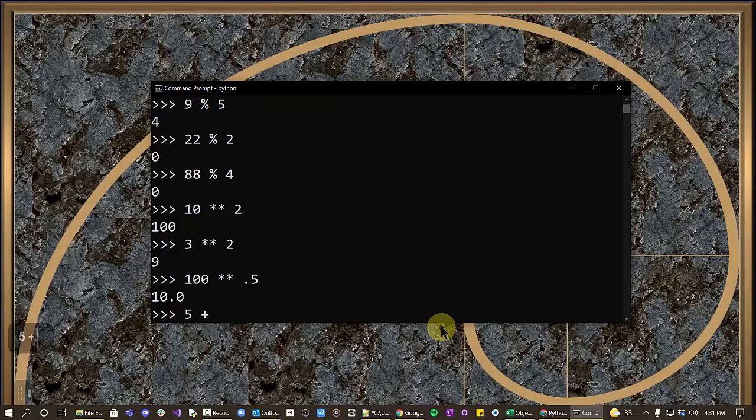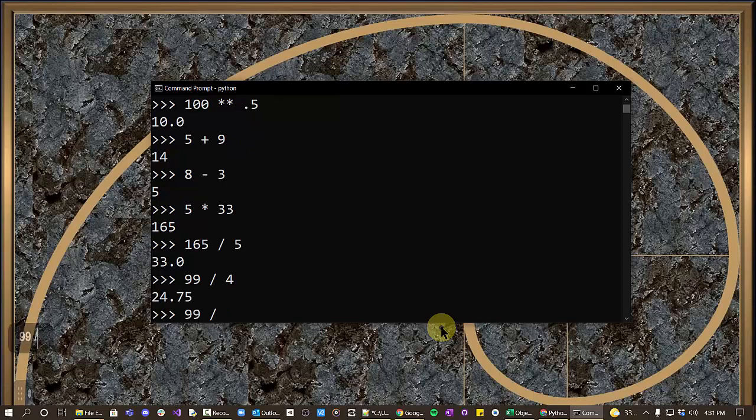We have addition, subtraction, multiplication, and division, and with division, we can also get decimal values.